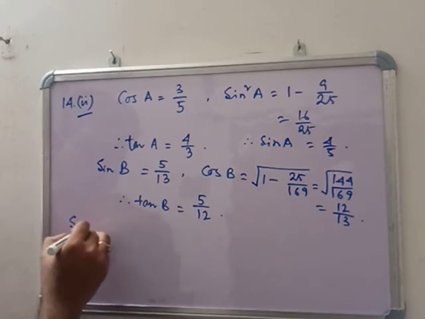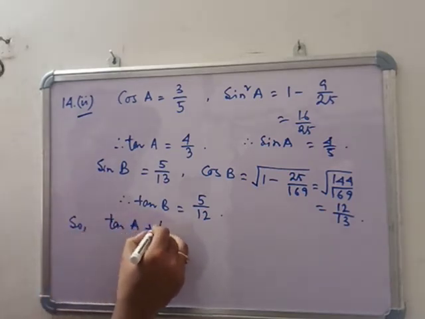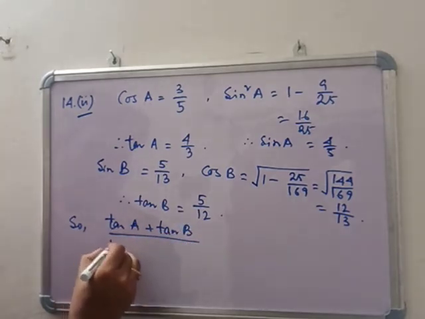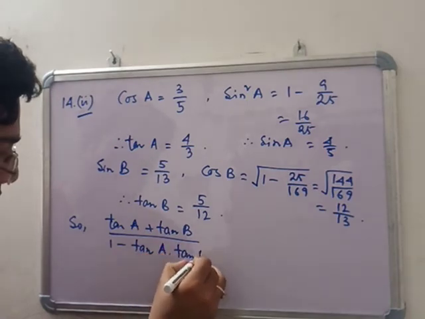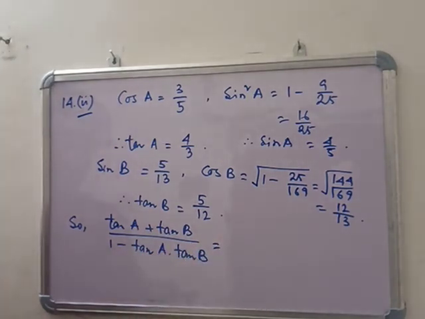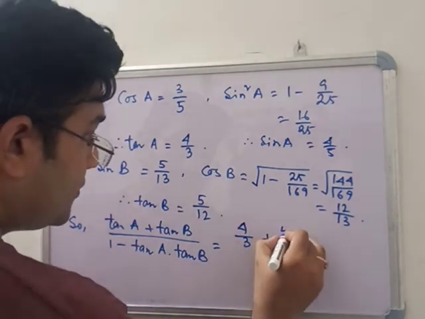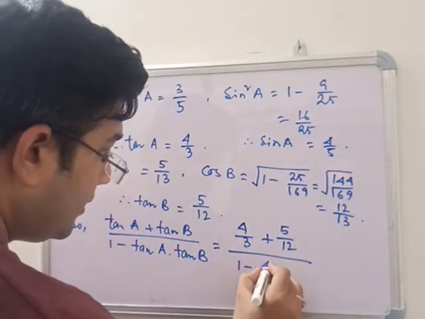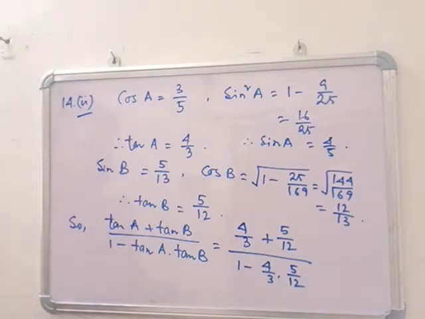So we are going to the value putting part. tan A plus tan B by 1 minus tan A tan B. So that means 4 by 3 plus 5 by 12 by 1 minus 4 by 3 into 5 by 12.